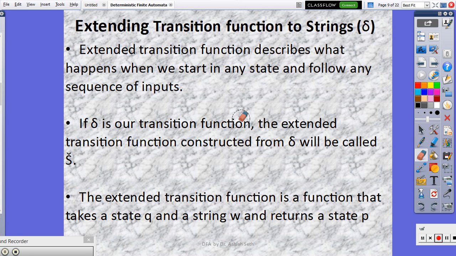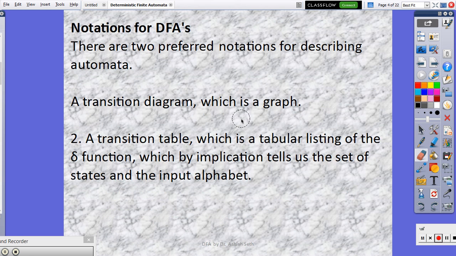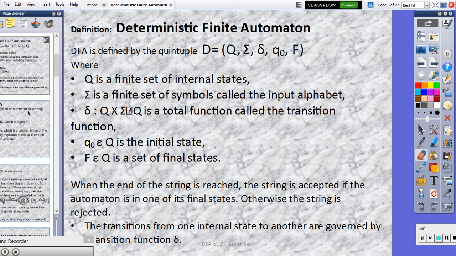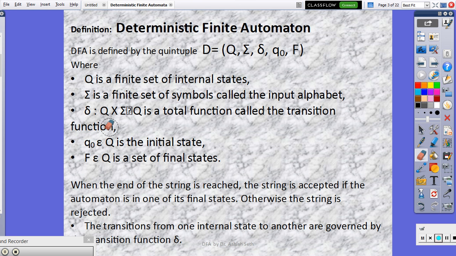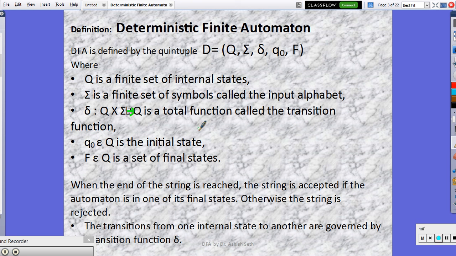If you remember the previous transition definition, where I told you that we have taken Q cross alphabet gives you the state, this is basically an arrow sign like this. Means when we are on any state, if we provide an alphabet symbol, then we reach some state.